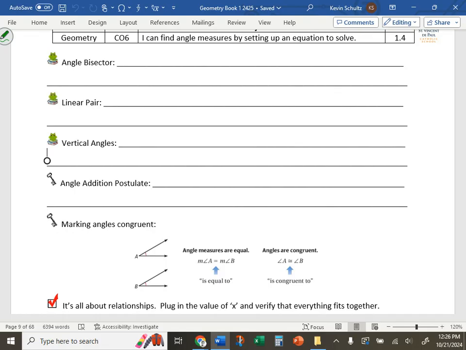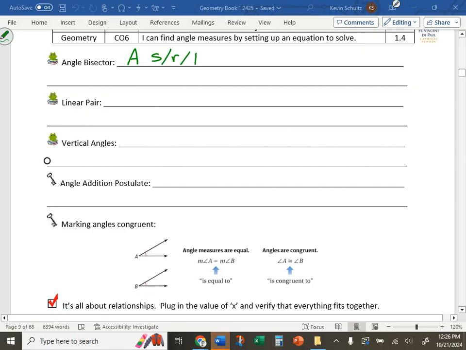An angle bisector is a SRL. Who remembers what SRL stands for? Segment ray line. Whenever I put SRL, I'm just abbreviating segment ray line, because they all have the same properties as far as being straight, things like that.